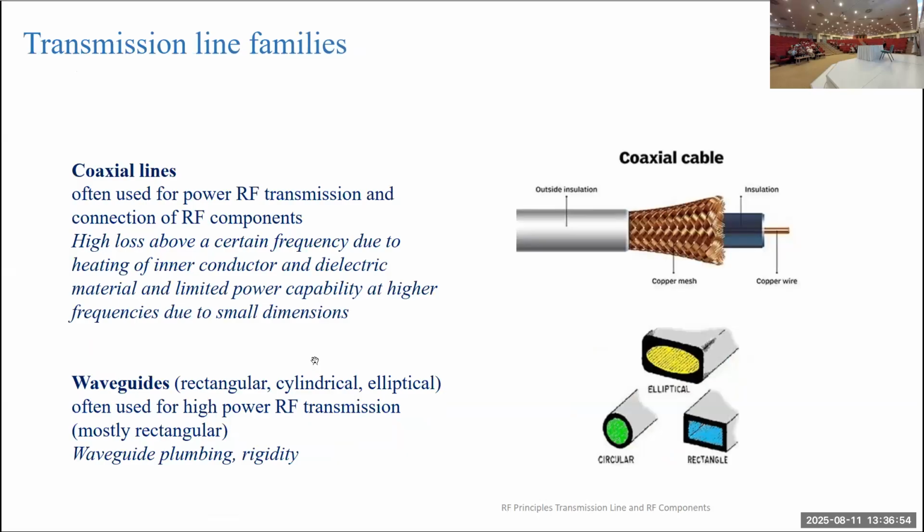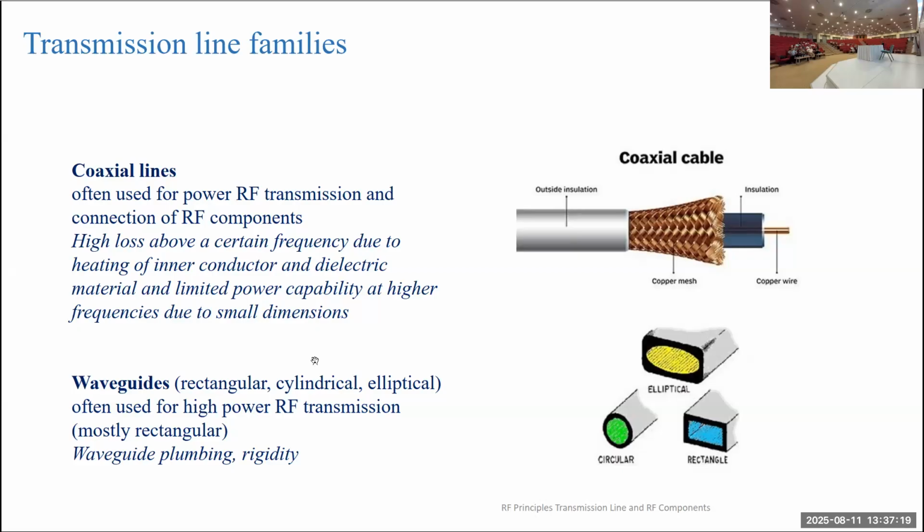Now, we can use coaxial lines to transmit RF from the RF source to the device under test. Often used for power transmission and connection of RF components, with high loss above a certain frequency. These are frequency dependent. If you go into the higher frequency regime, the losses are increased significantly.